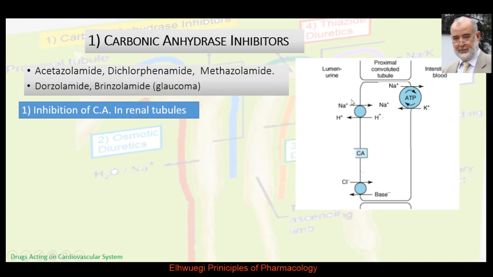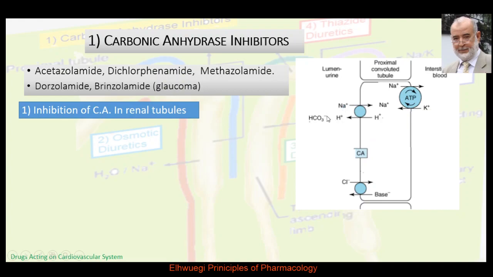Potassium, in this case the excess potassium, will leak into the urine. Chloride will be exchanged with a base, and then inside the cell, chloride will pass into the general circulation through channels. So this is what happens with sodium.